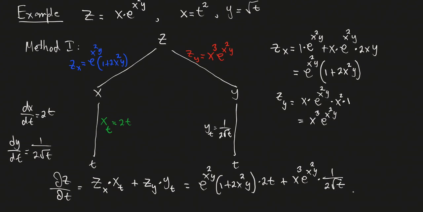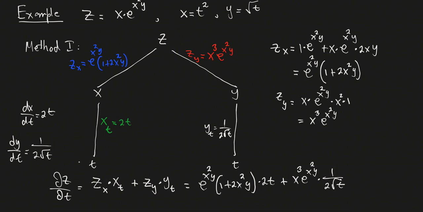Now, ultimately, when we write down something like this, when we have dz dt, we would like our derivative to be solely in terms of t.